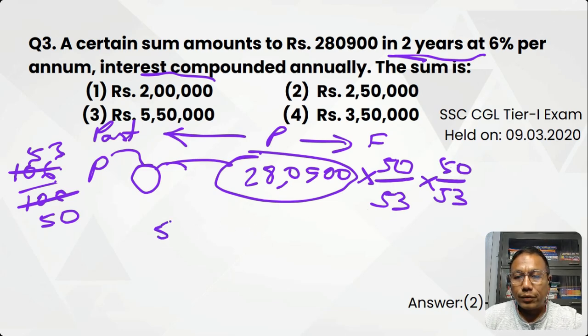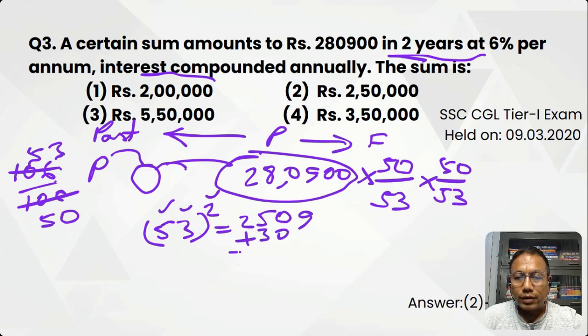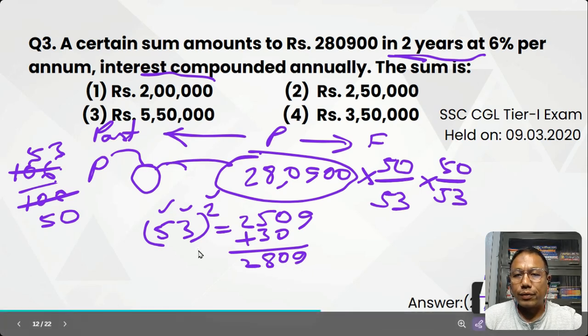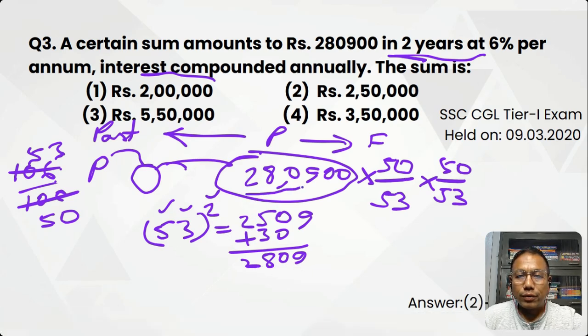What is 53 square? 5 square is 25. 3 square is 9. Multiply 5, 2 and 3. 5 twos are 10. 10 into 3 is 30. What's the sum? 2809 is 53 square. We have 2809. 53 square is 2809.